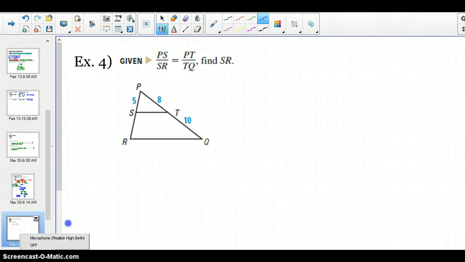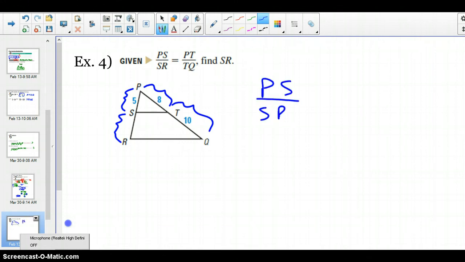All right, last example. This one's pretty easy. Back to proportions in maybe a more familiar way. So here they tell you that PS divided by SR is equal to the ratio of PT divided by TQ. All right, so the formula, or the ratio that you can set up is just what they give you.